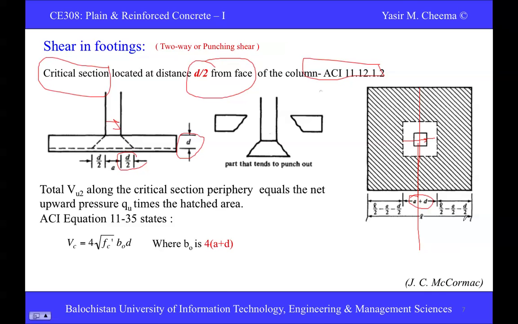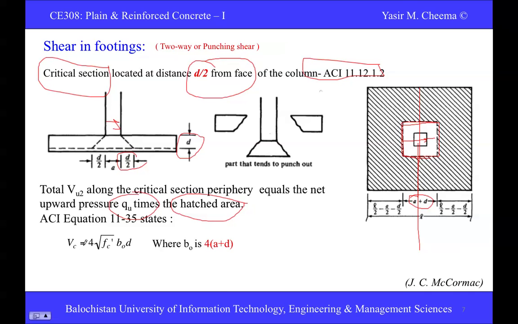So the Vu2 along this critical section periphery, the shear strength expected along this periphery, is equal to the net upward pressure, again qu, times the hatched area. See this hatched area.